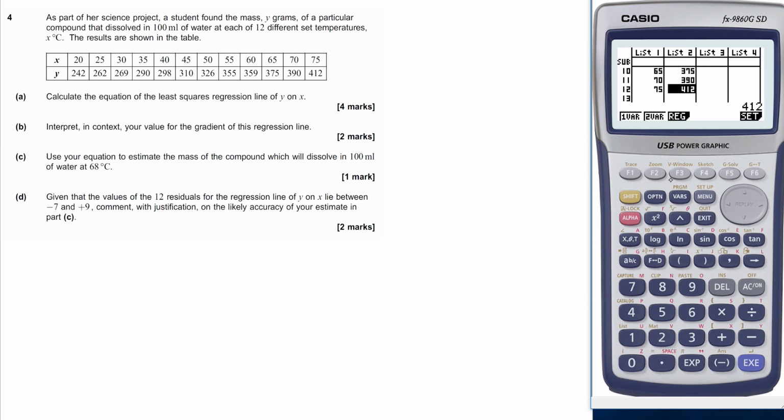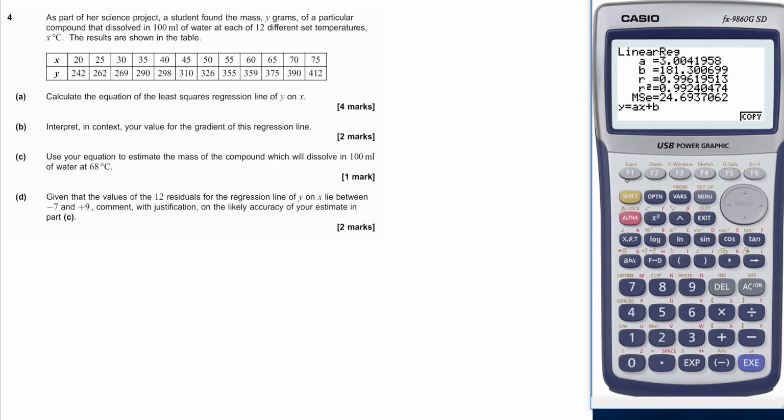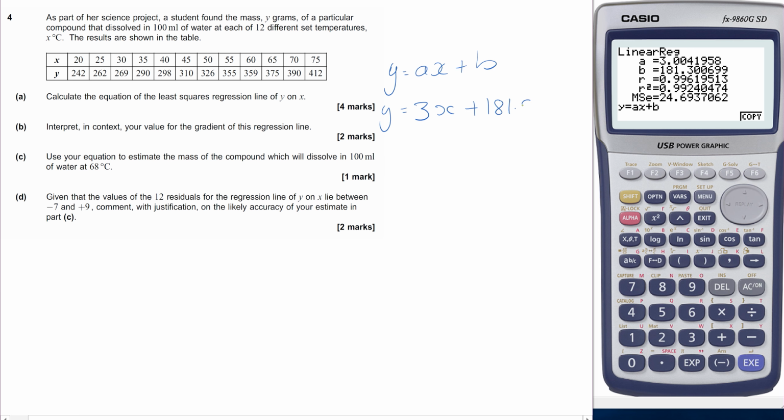So we go into calculate mode and we're going to do the regression line. Now when I press X, it goes straight into the answer, whereas you get 2 options for AX plus B and A plus BX. It won't actually matter which one you use. So I've got, just as I said, no option, so it's Y equals AX plus B. So this means that my least squares regression line is going to be of the form Y equals, so what A is 3, and I think looking at that number, clearly the exam board wanted it to be 3 exactly, so I'm going to use it as 3 exactly, so 3x plus 181.3.